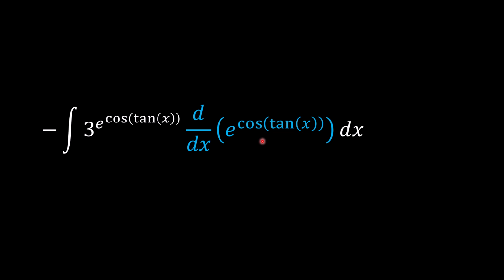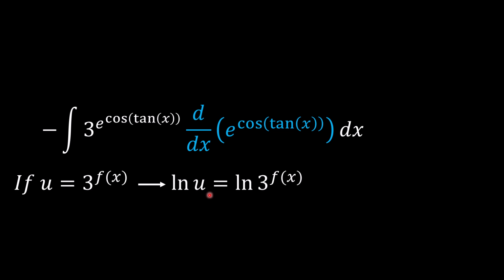Now the next thing is looking at 3 to the power e to the power cosine of tangent of x. That may be a little bit intimidating, but if we let u be equal to 3 to the power f(x), then we can take the natural logarithm of both sides. So we have the natural logarithm of u equal to the natural logarithm of 3 to the power f(x), which means, using the rules of logarithms, where a power can be taken in front of the log, that the natural logarithm of u is f(x) times the natural logarithm of 3.